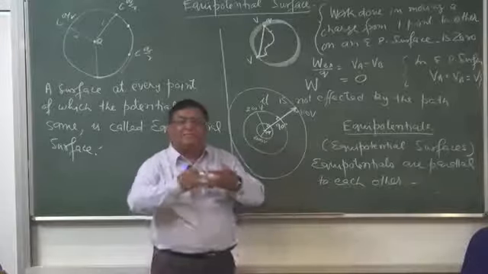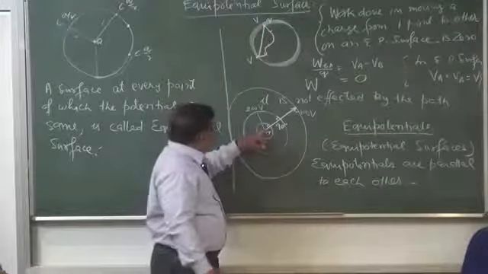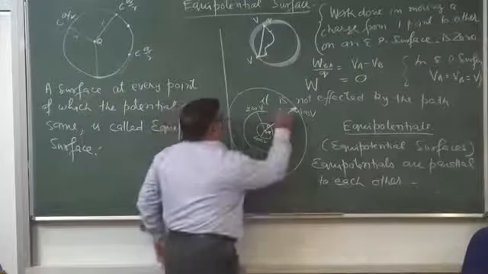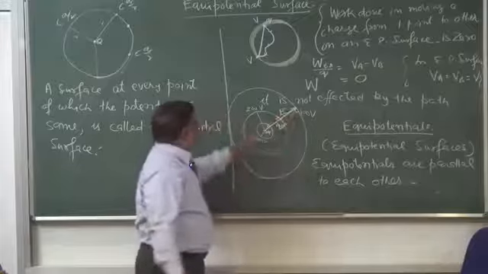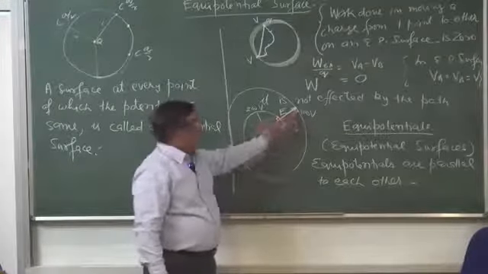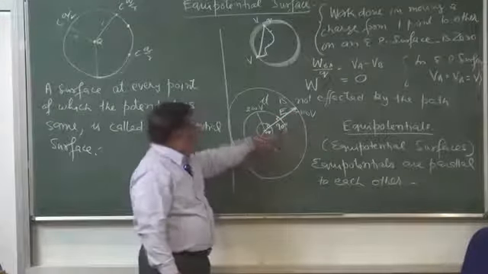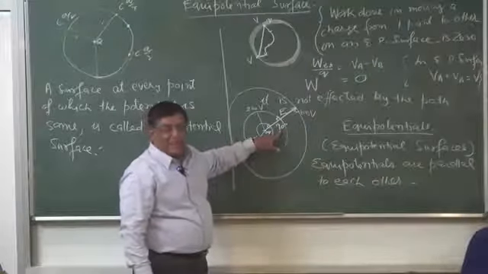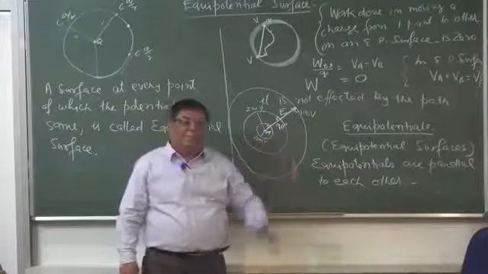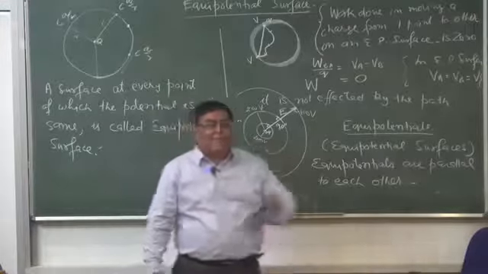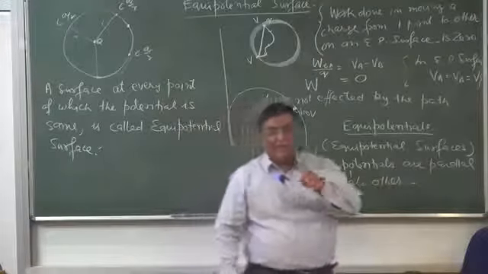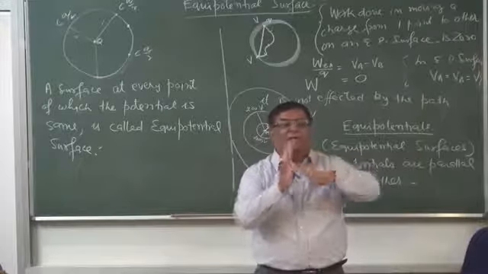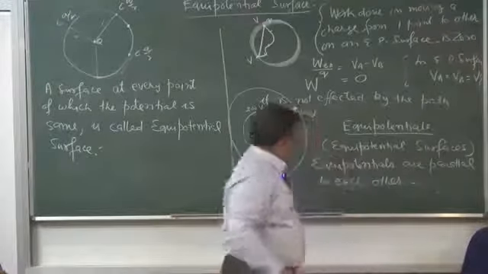Answer: it is radially outward. So this is the direction of the electric field E. Now if this is the direction of the electric field and this is the equipotential surface, what is the angle between them? 90 degrees. So this rule we remember: at any location the direction of the electric field and the equipotential surface are at right angles to each other.